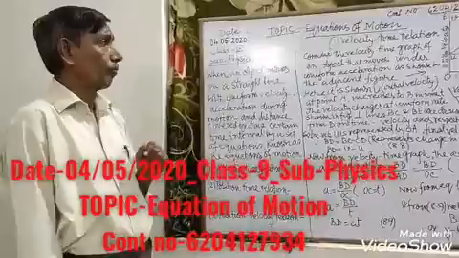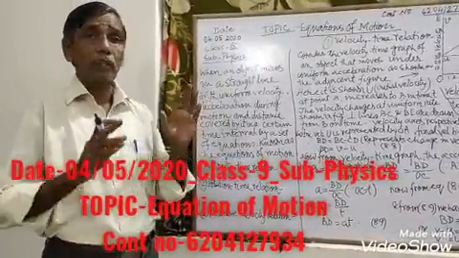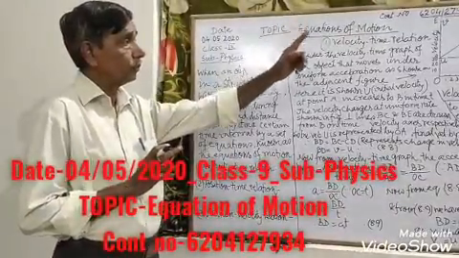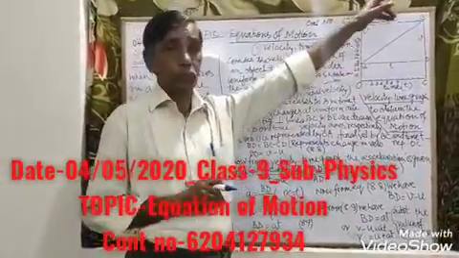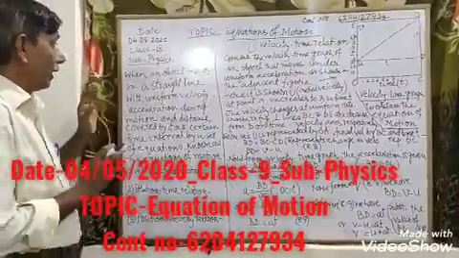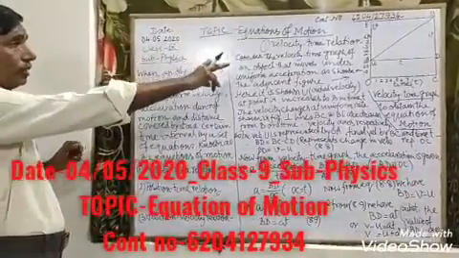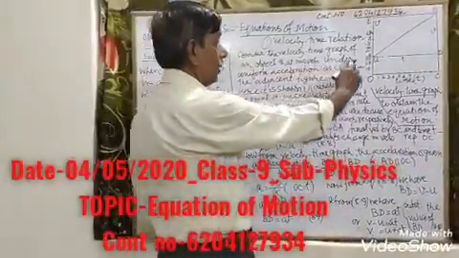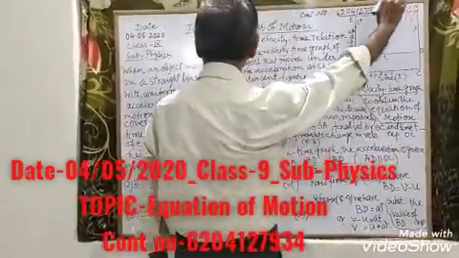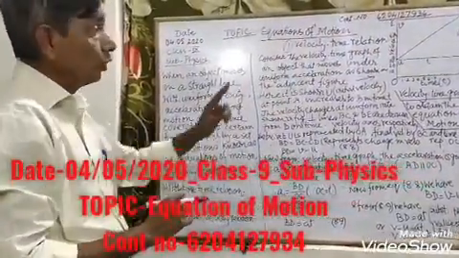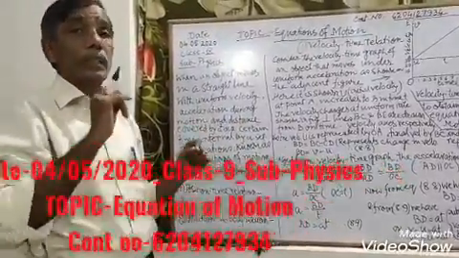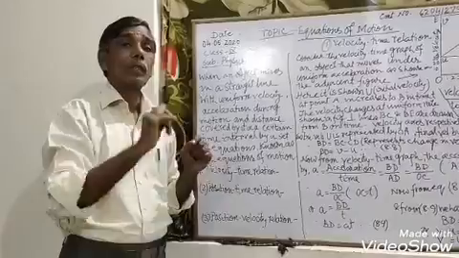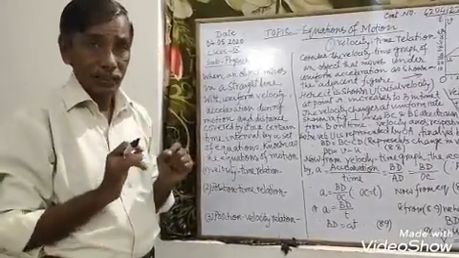My dear students, suppose an object starts to move from this position in a straight line. Just see, the object is moving in a straight line with uniform velocity. Uniform velocity means equal time covers equal distance.